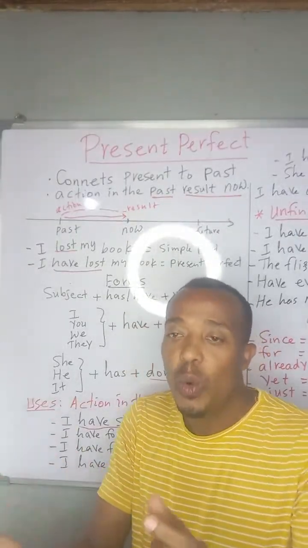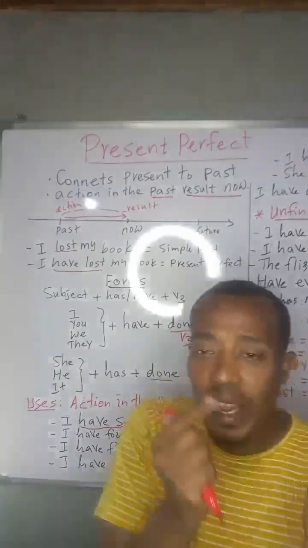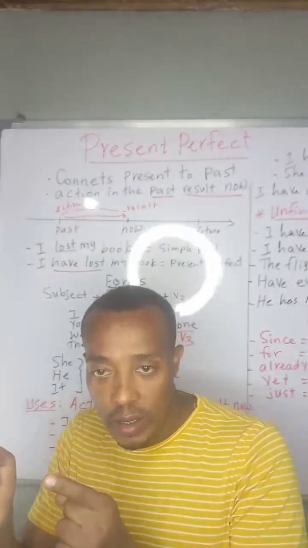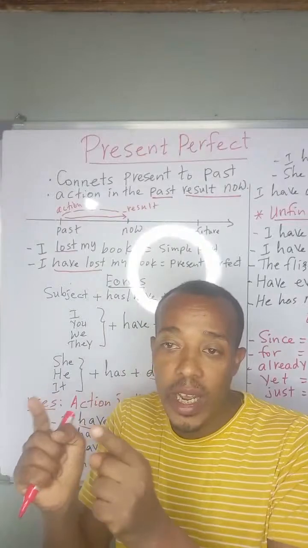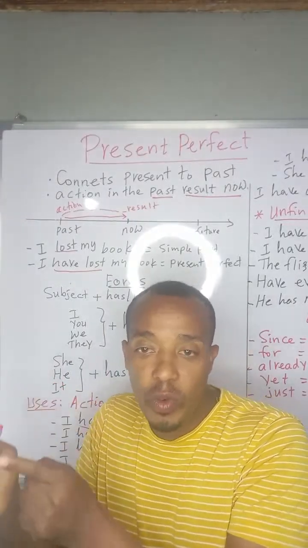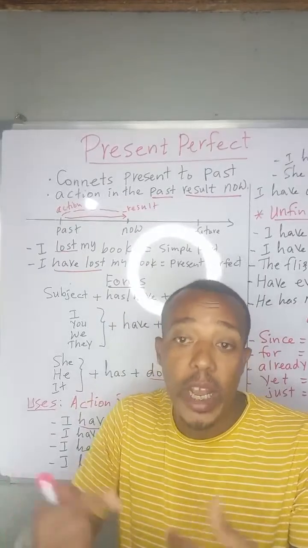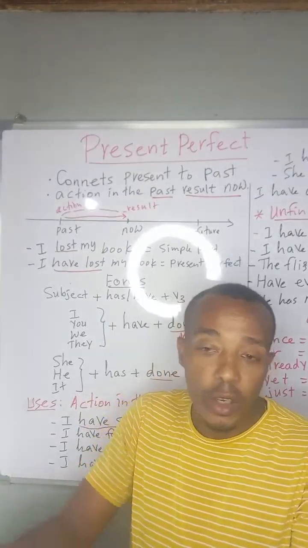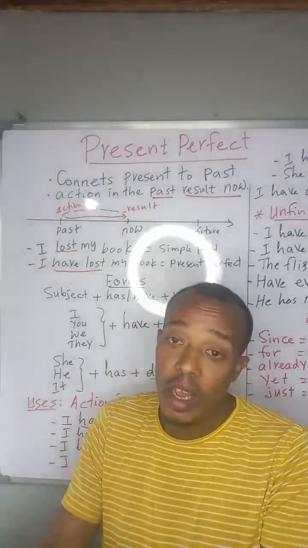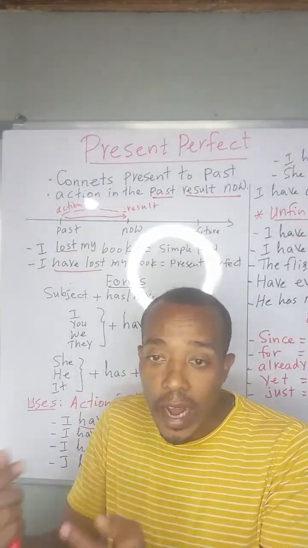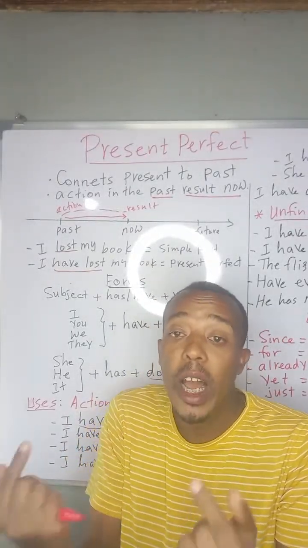But what is the result now? When I say I have seen that movie, it means now I know about the movie. I don't want to see it again because already I know it. When somebody says, let's go and see that movie, you say, I have already seen it.